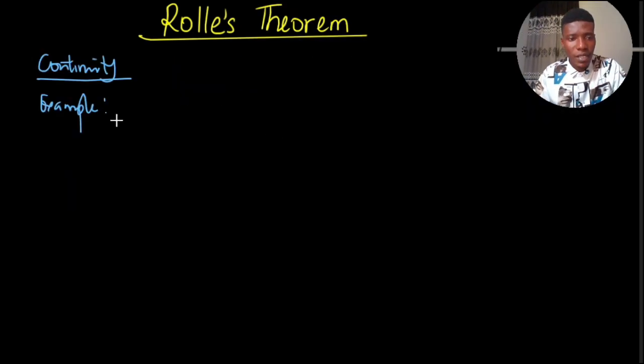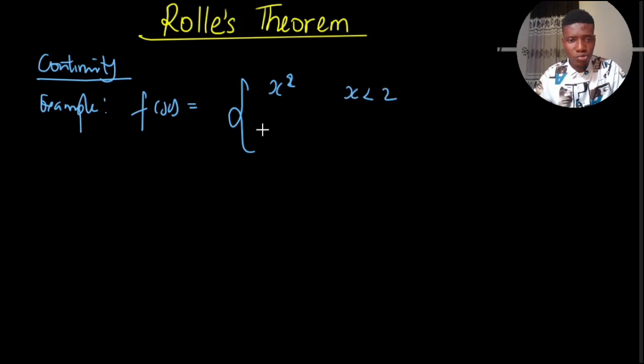Now, let's look at another example. What if the function is a piecewise function? For instance, f of x equals x squared when x is less than 2, and 3x minus 4 when x is greater than or equal to 2.